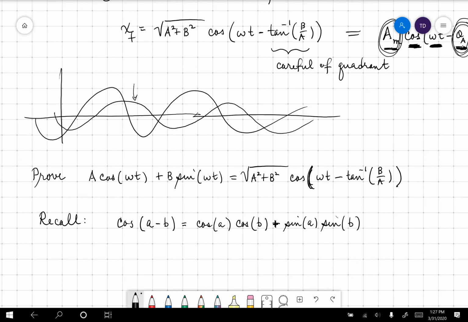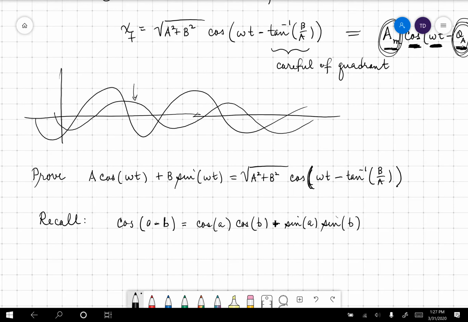So a lot of people write this one, cosine of A plus B, and that's where the minus comes from. But I'm going to do this with cosine of A minus B. So the minus here gives me the plus over here. So it actually looks like this. A minus here or a plus gives me a plus or a minus like that over here. So I'm going to stick with the minus. We'll do it this way, cosine of A minus B.